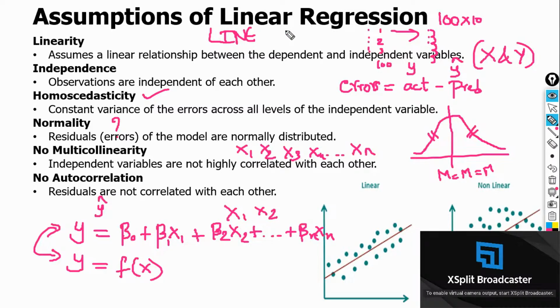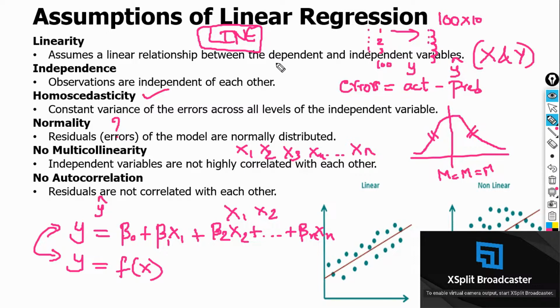I'll repeat one more time. For each and every algorithm, there are some assumptions. In the same way, for linear regression, we have LINE assumptions. L represents linearity.